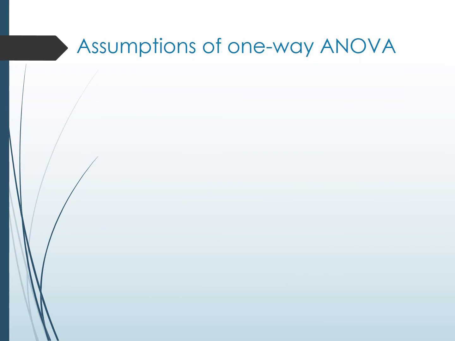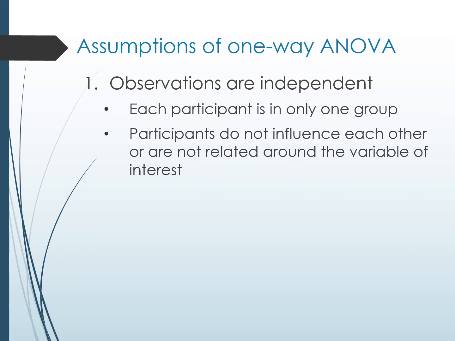Finally, let's take a look at the three assumptions of the ANOVA. First and foremost, each observation must be independent of all other observations. This means that individual participants can be classified in only one group. In addition, participants should not be influenced by one another or subjected to similar conditions that may affect the outcome variable.